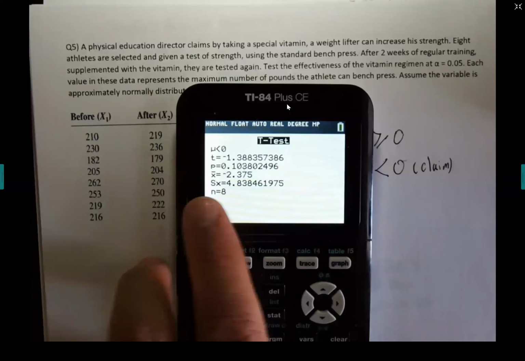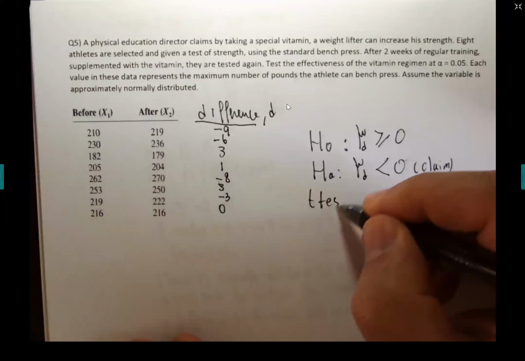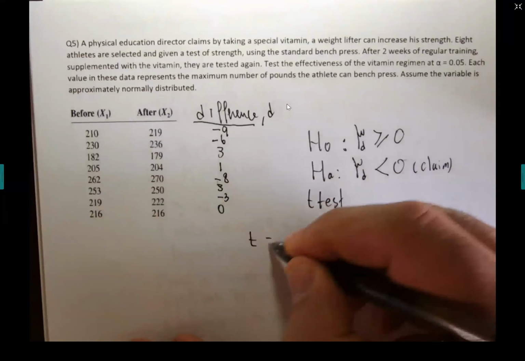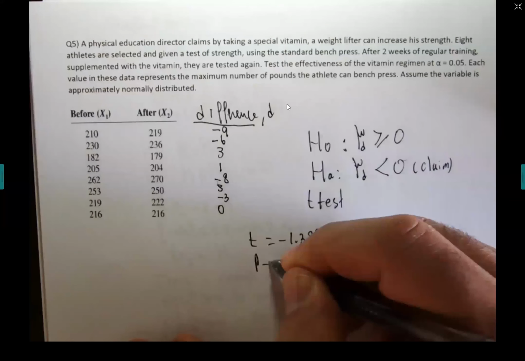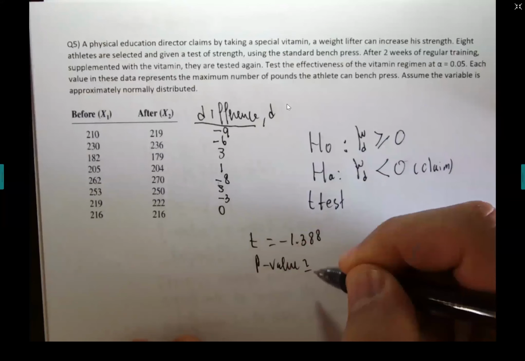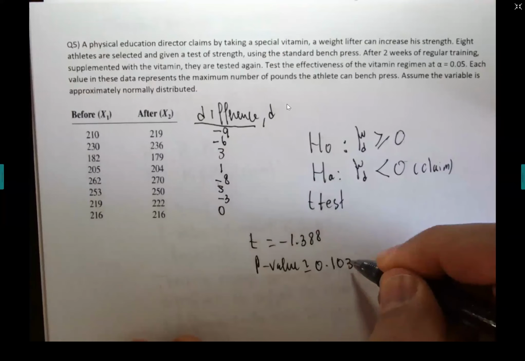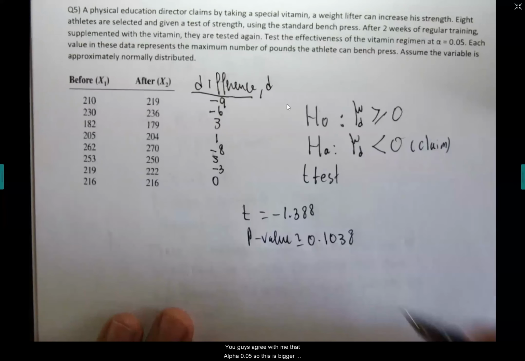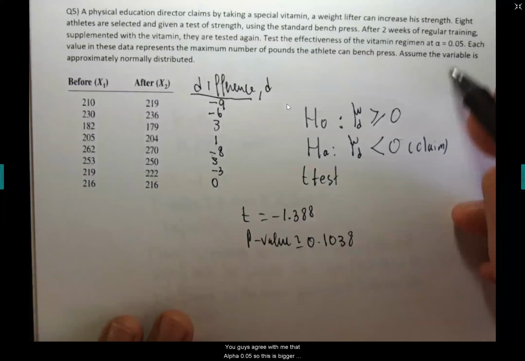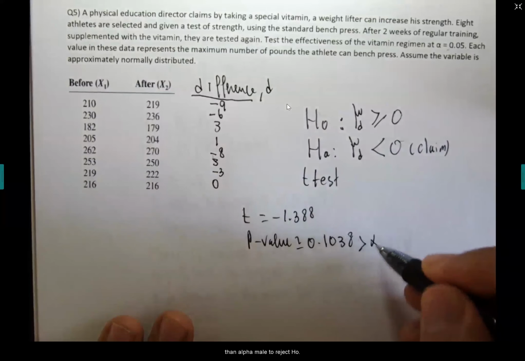So write them down. All right. So you guys agree with me that alpha is 0.05. So this is bigger than alpha. Fail to reject H0.